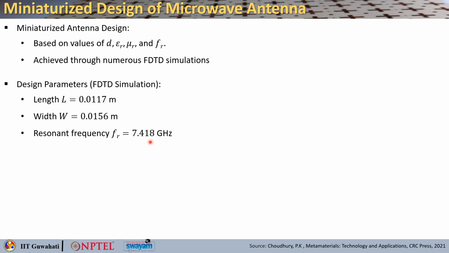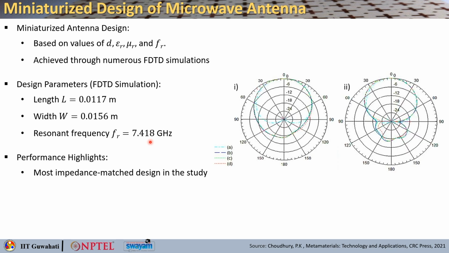So, throughout the study we will call the appropriate antenna design the miniaturized inhomogeneous numerical model or design, right, and this was evaluated at 7.418 gigahertz, as you can see.